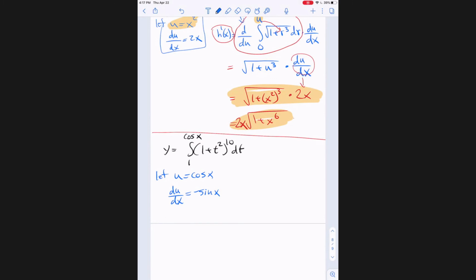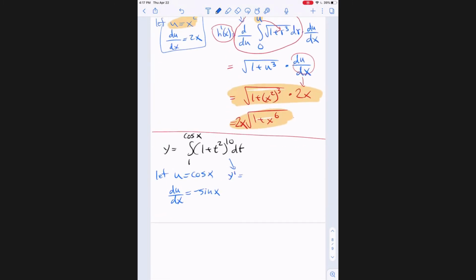So y prime, if I want to find y prime, you want to take the derivative with respect to x? Well, take the derivative with respect to u first, right?